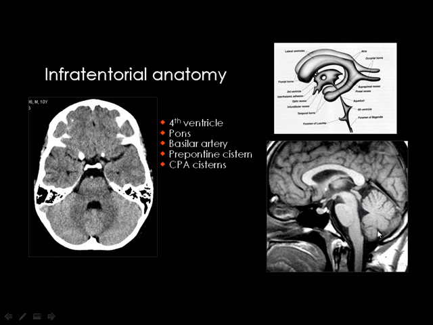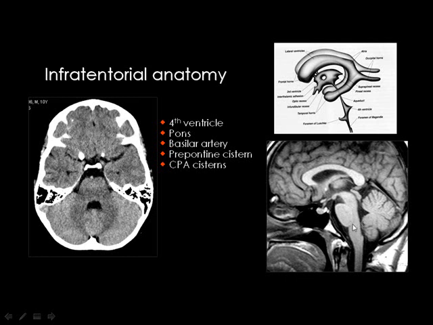The fourth ventricle is big in its middle part, and it becomes smaller lower down, and also smaller in the upper sections. When the fourth ventricle is large, you see the largest part of the brainstem anterior to it.